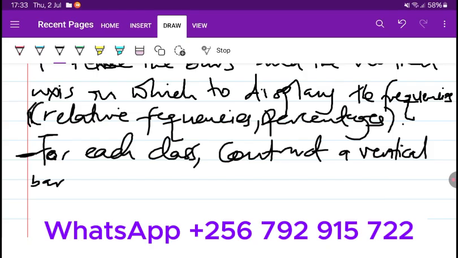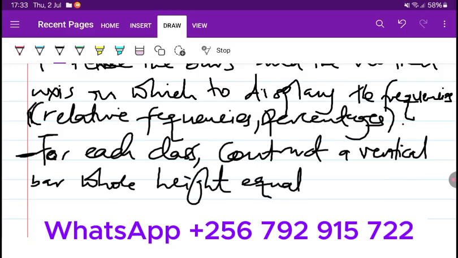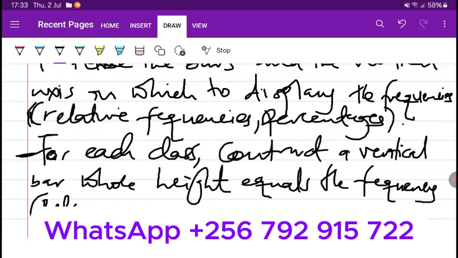A vertical bar whose height equals the frequency. And we said it could be equal to the frequency, it could be relative frequency, or it could be percentage of that class.